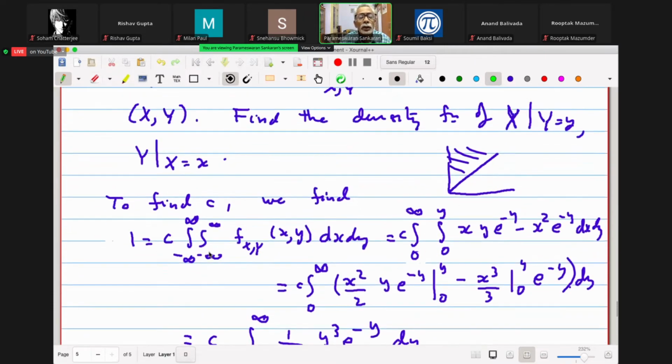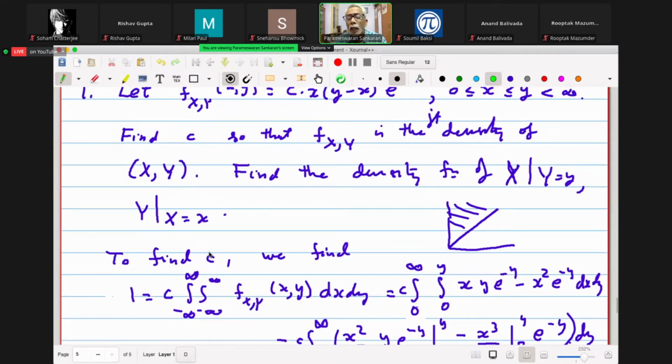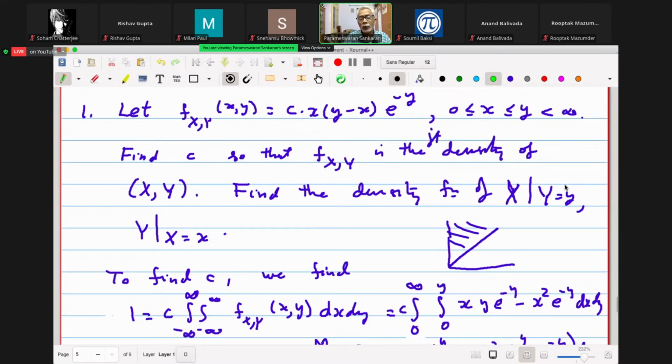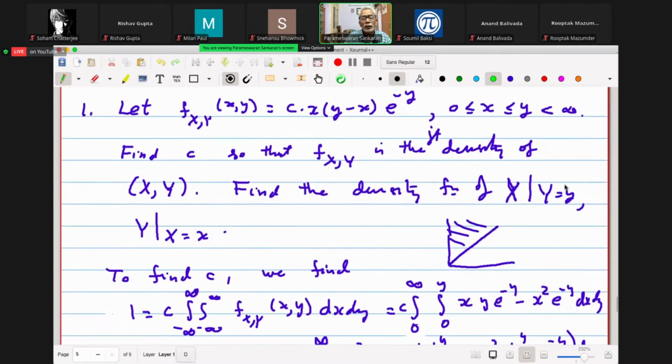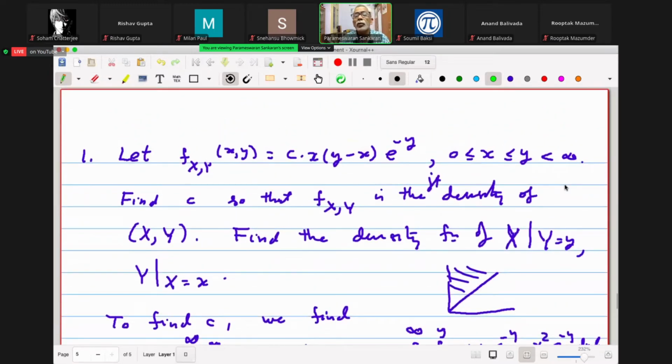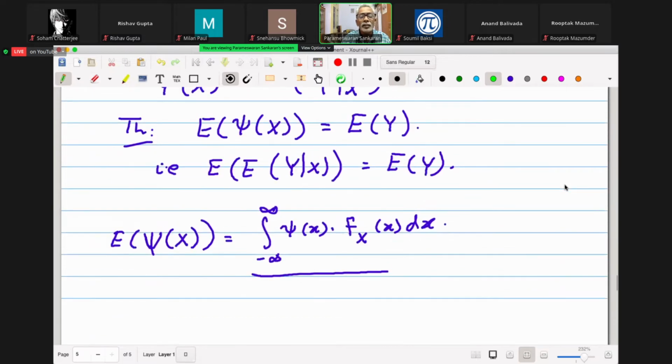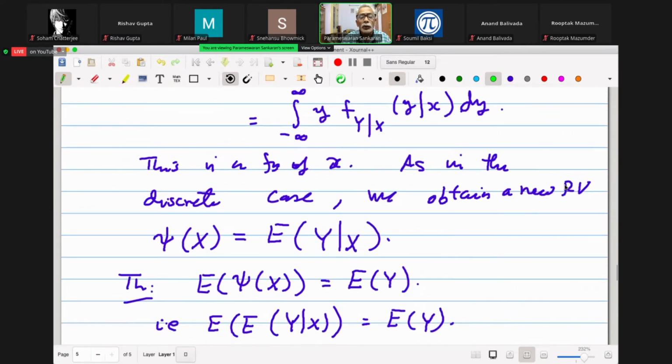Now I want to do the computation of capital X given y equals little y. One can simply use the formula. We don't like to do that, but just to save time, I will use a formula. This is something I don't usually do.